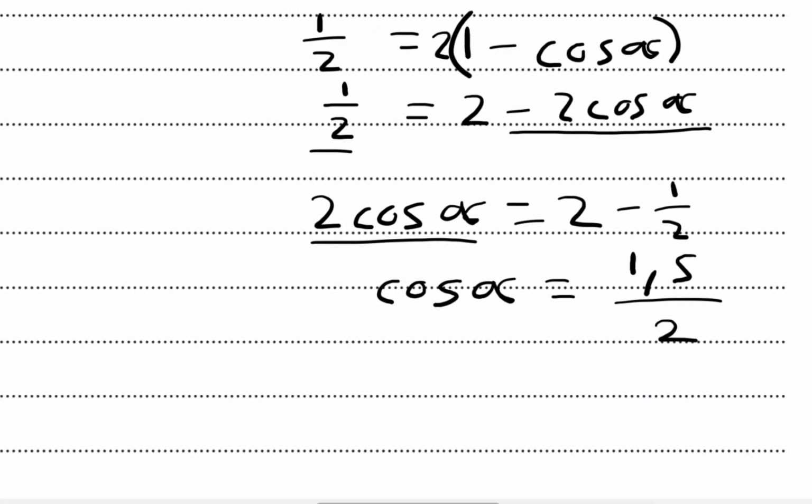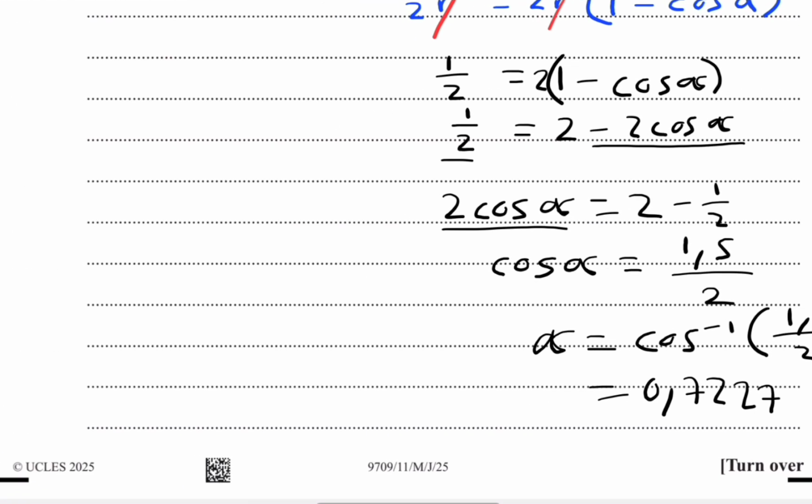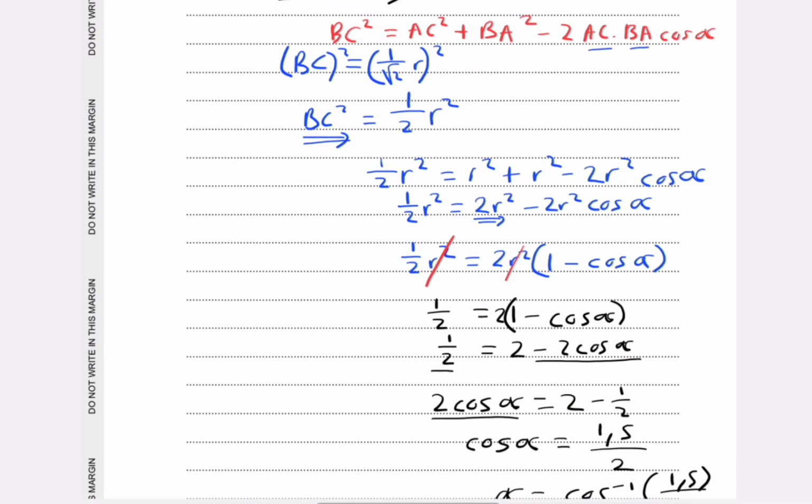So our alpha will be the cos inverse of 1.5 over 2, right? And that will give us 0.7227, and that's the value for alpha, right?